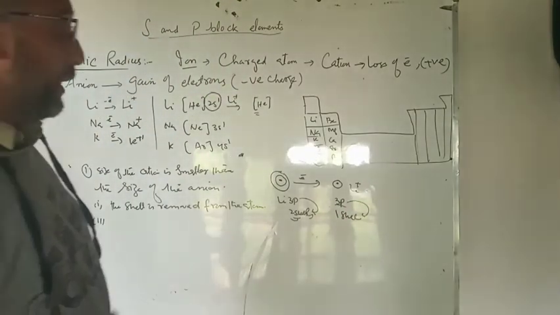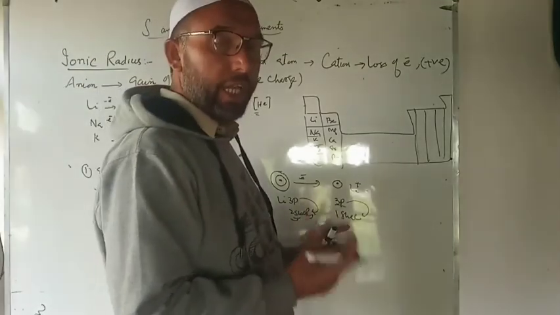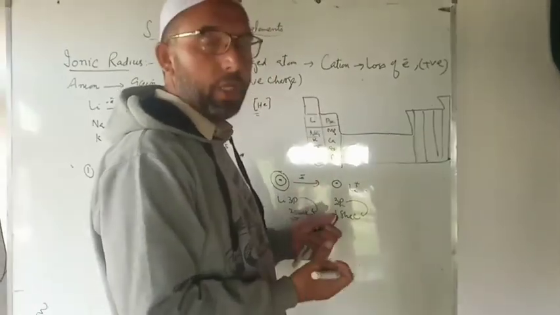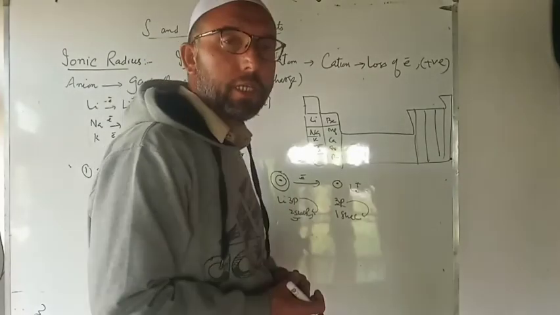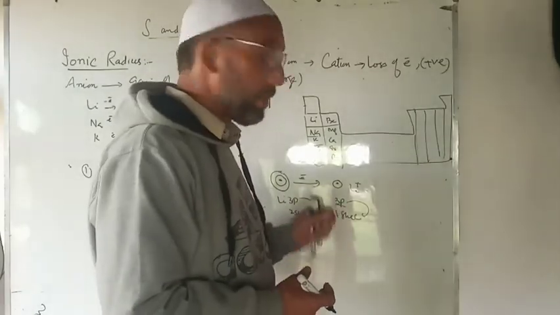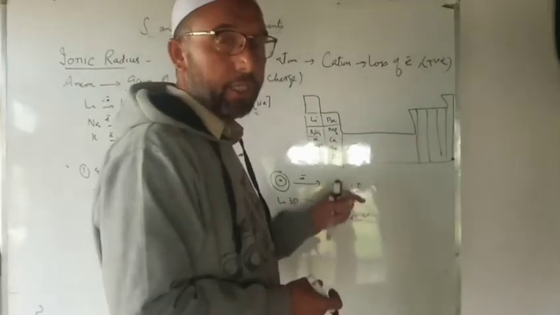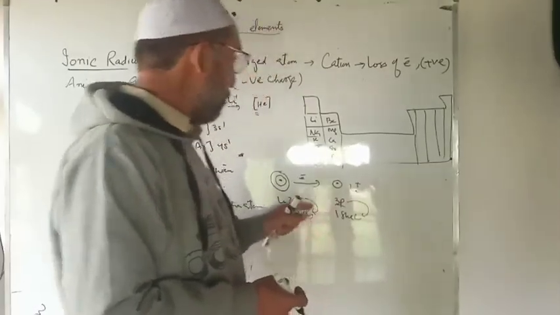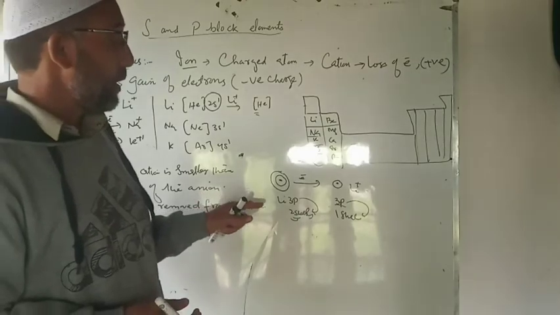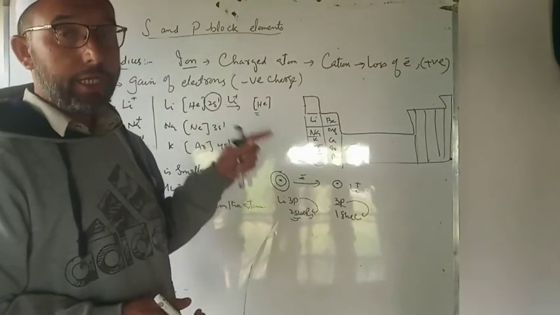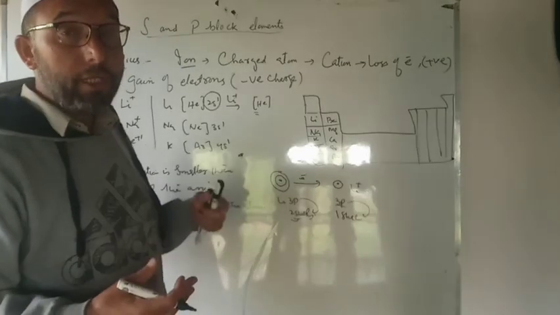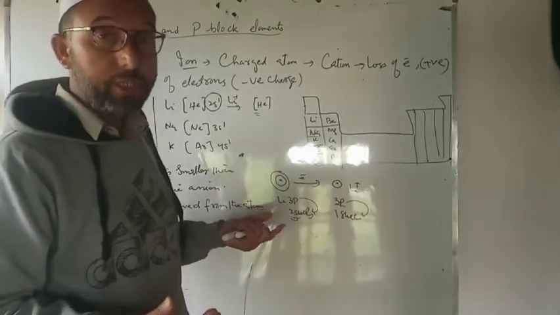That means this one shell will experience a strong pull towards inside because of the larger number of nuclear charge, because of higher nuclear charge. So what happens? When an atom changes into an ion, the effect of nuclear charge also increases.